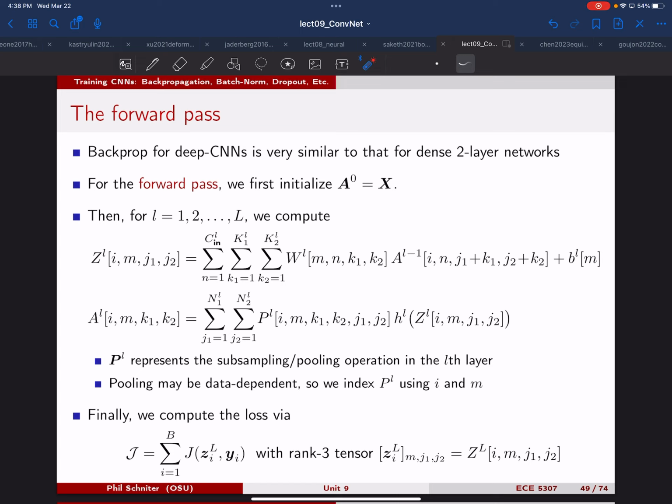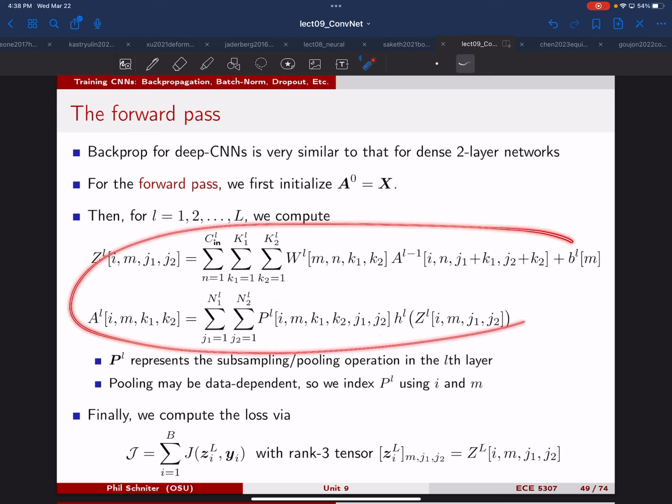So you can still write it as a linear operation, but the value of that linear operation may be determined by the exact ith element in the batch. And what happens is specific to the output indices K1 and K2, as well as the input indices J1 and J2, as well as the channel M. So everything's in there. It's just a way of writing the subsampling pooling operation that allows us to work with things tractably.